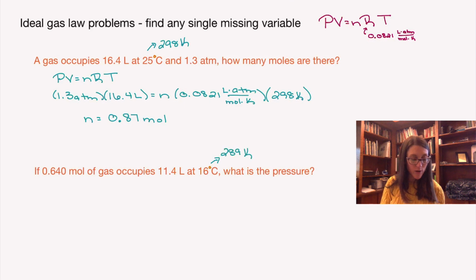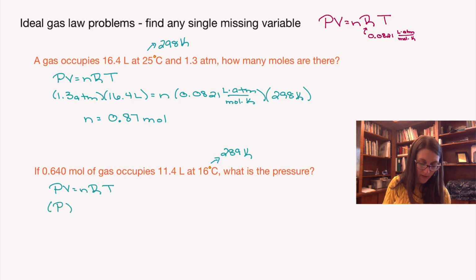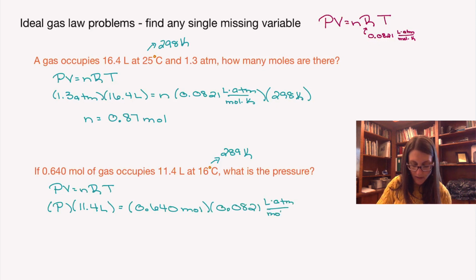At that point in time, we can use our ideal gas equation. In this case, I don't know P, so that's what I'm going to solve for. My volume is 11.4 liters. n is 0.640 moles. R is that 0.0821, and then its units, and the temperature is 289 Kelvin.